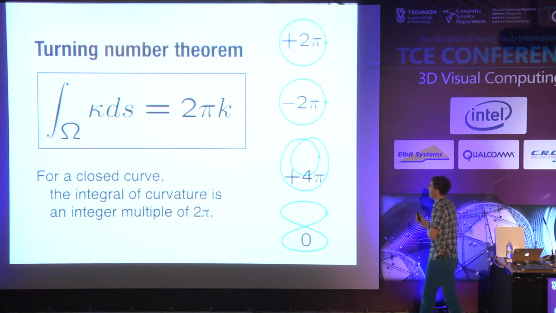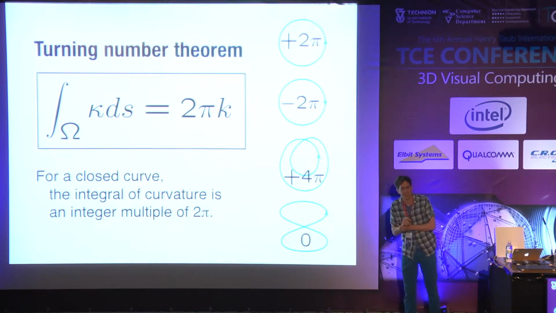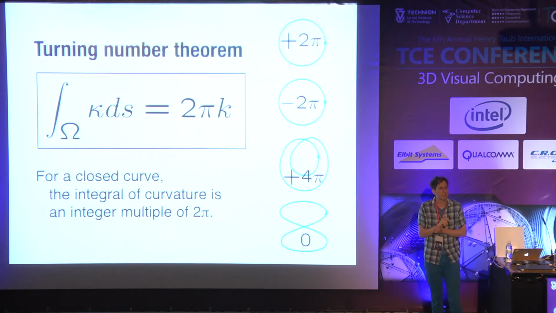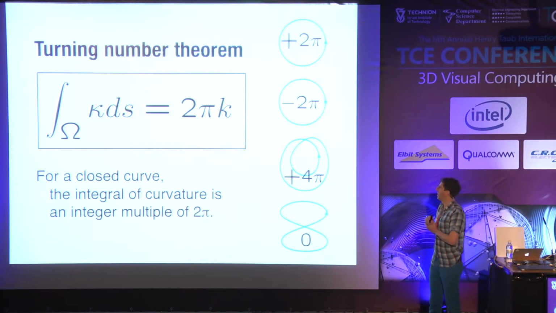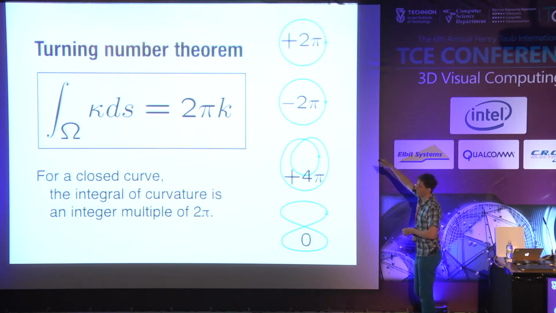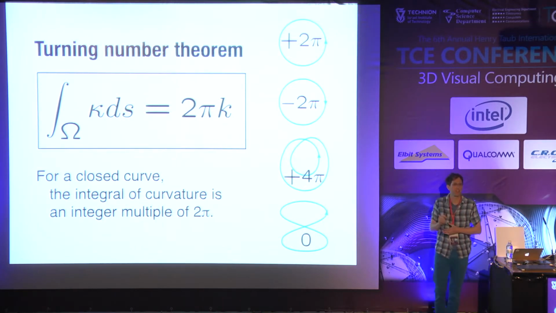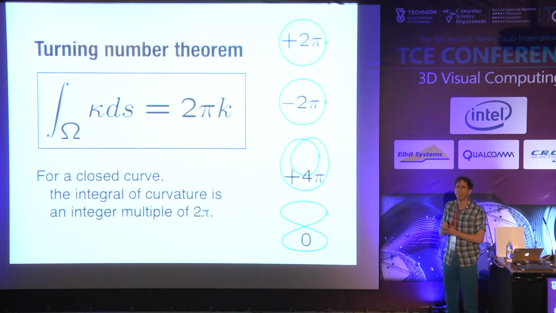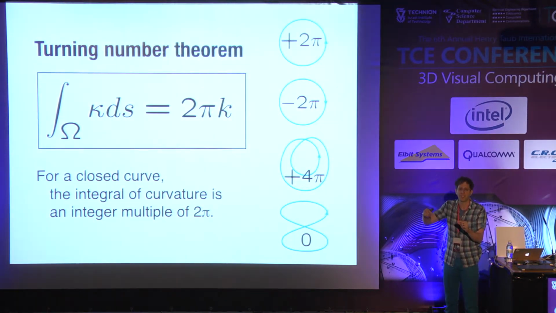For curves, we have a turning number theorem, which says that the integral over a closed curve of the signed curvature is always an integer multiple of 2 pi, right? And here is the integral for these curves here. And this is really interesting because it means if I wiggle the curve a little bit, I will change the local curvature, but I somehow don't change the integral of curvature.